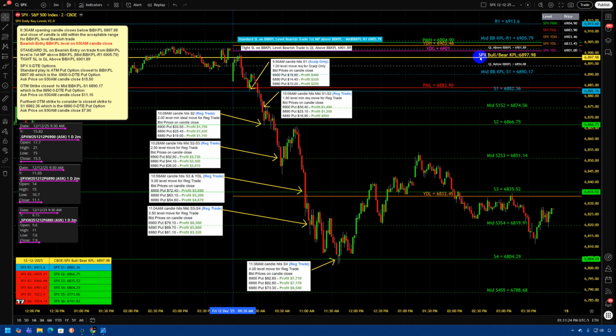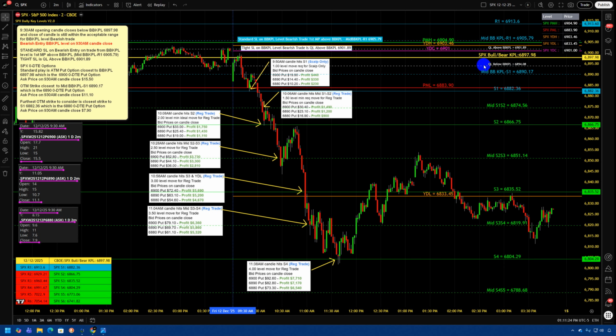It's a bearish trade, so we simply look below, and you have the first midpoint here, 68.90. That is your first out of the money alternative option that you can consider. The closest strike to this S1 level, mid BBKPL S1, specifically the first midpoint below the level you're taking the bearish trade from. So that would be the 68.90 strike.